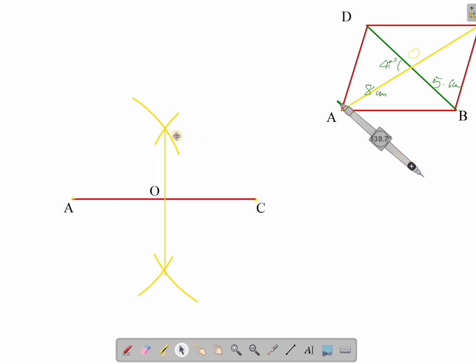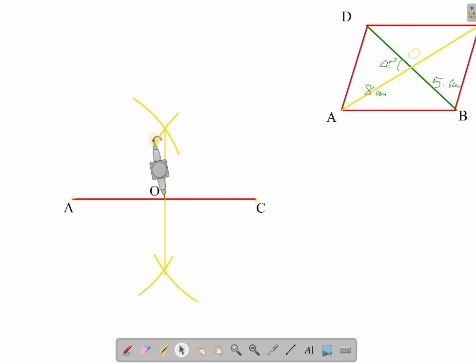So what we will do is we will keep it at O. You can reduce the size of the compass. Now you follow the step that I am doing to construct 45 degree only. Keep that in mind. I'll reduce the compass a bit. Okay, that will be better.